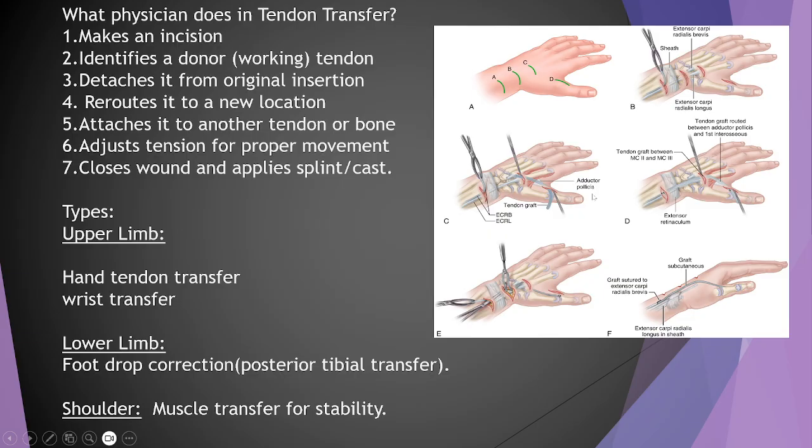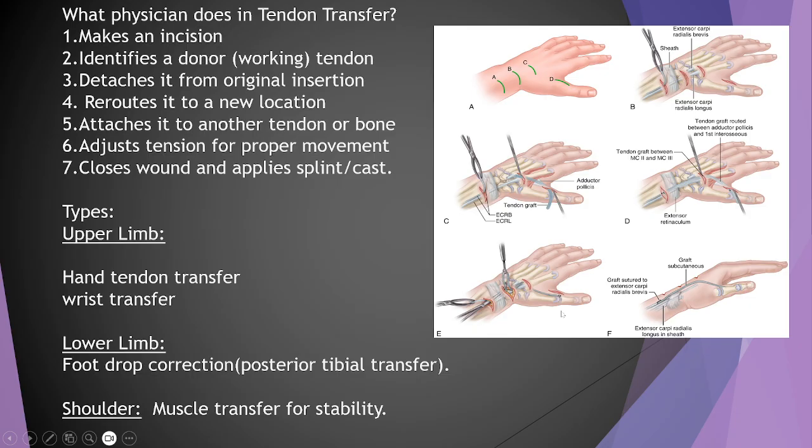So in the tendon transfer, what does the physician do? The physician will make an incision. Here you can see the incision. The physician will make the incision, identifying the donor or working tendon.